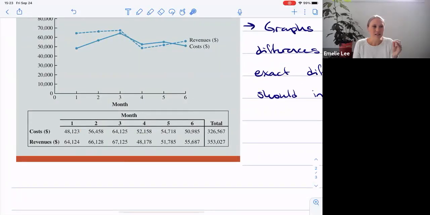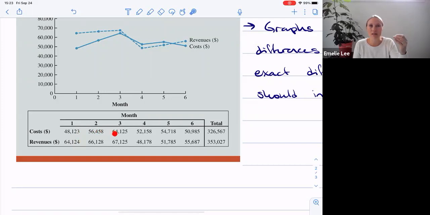If you just looked at this table down here, for your mind to go 48 to 64, okay, so the costs were less than the revenue. Okay, so I made money, right?